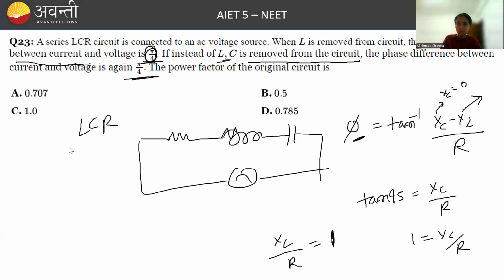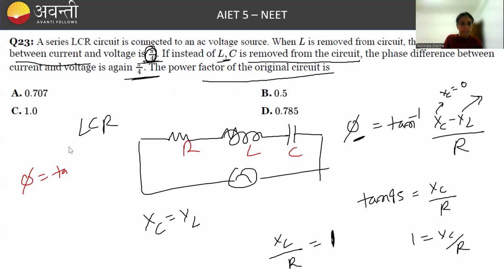So XC is equal to R, XL is equal to R. It means XC is equal to XL. Now the power factor of the original circuit. Original circuit means the circuit in which there is R, there is L, there is C. So phi will be tan inverse of (XC minus XL) by R, and XC and XL are equal. So this will become 0.